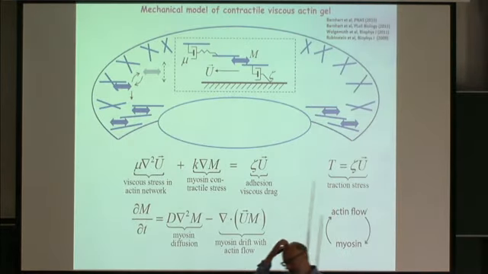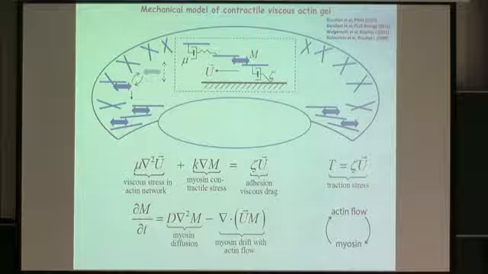So what I'll tell you in the next few slides is how we understood this phenomenon using the combination of microscopy, pharmacological inhibitions, and mathematical modeling. And so let me introduce to you perhaps the simplest possible model of the mechanics of the actin-myosin contractile lamellipodium.